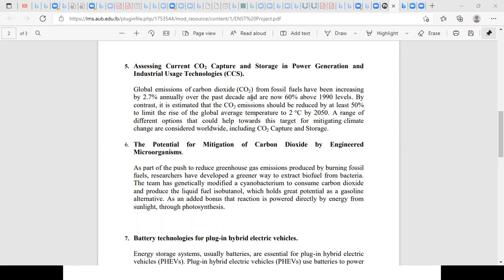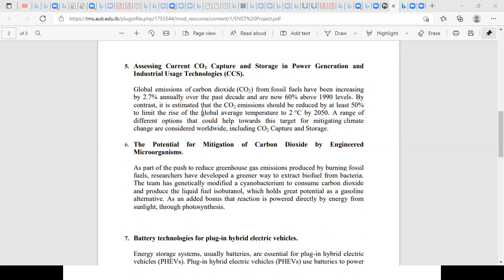This is why we are trying to reduce their bad effect by coming up with technologies that can profit from emissions of CO2 by first capturing it, storing it, and then using it for energy generation purposes.